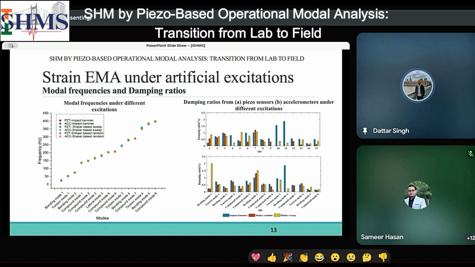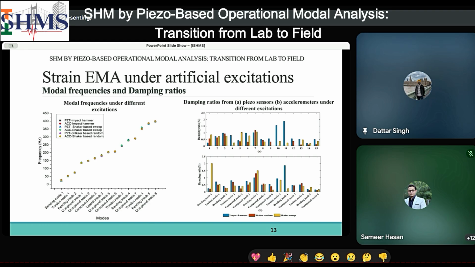Damping ratios have been observed to be very sensitive to the type of excitation, the measurement technique, the type of sensors, and even the structural identification techniques.